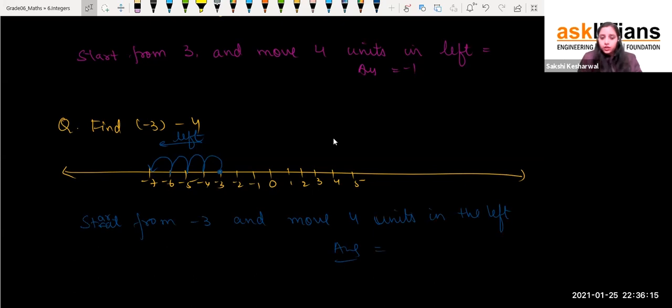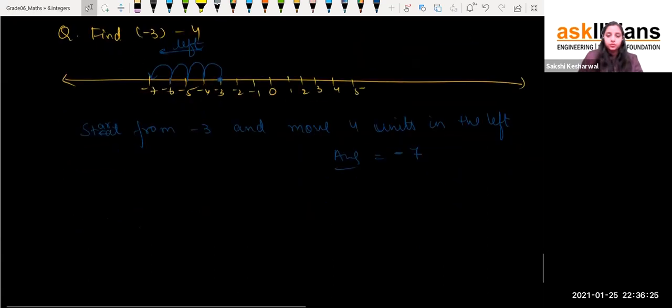Your answer is -7. Okay, now we are going to do the next rule to subtract a negative integer, right? What is the rule number 2? Okay, what's the rule number 2? Rule number 2 is what?